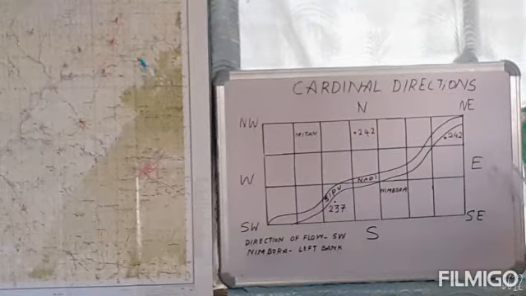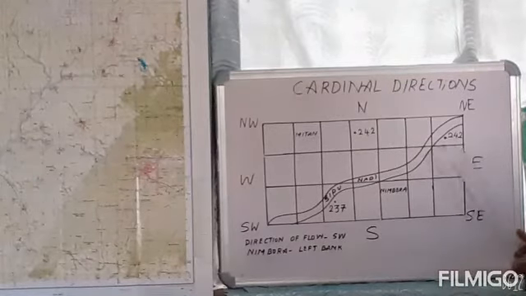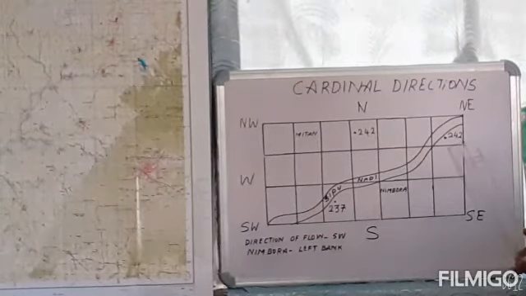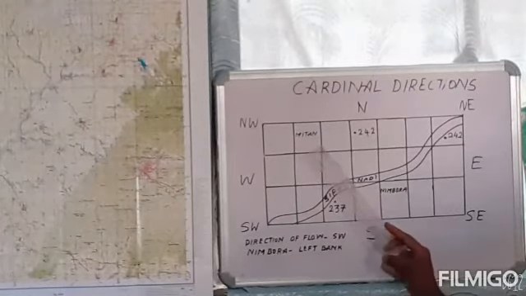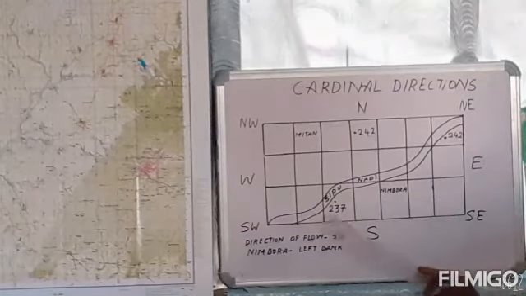In this picture, you can see spot heights 237 and 242 along with settlements of Mithan and Nimbora. It is Sipu Nadi.